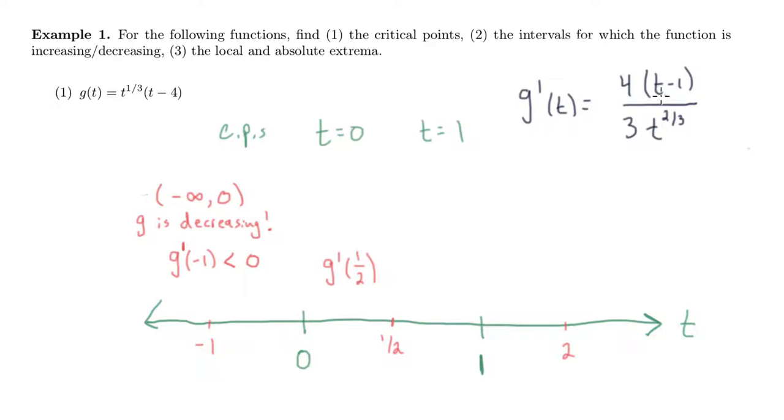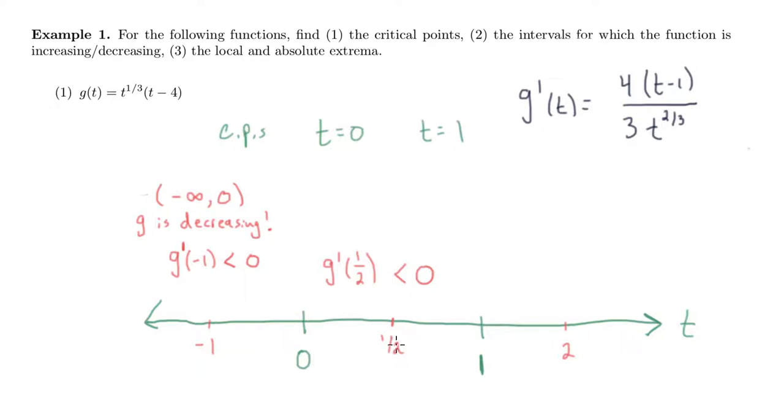So a negative number over a positive number is negative. So g prime of 1/2 is less than 0. And now notice I don't even really care what the actual value of the derivative is. I am just trying to get a sense of whether it's positive or negative.